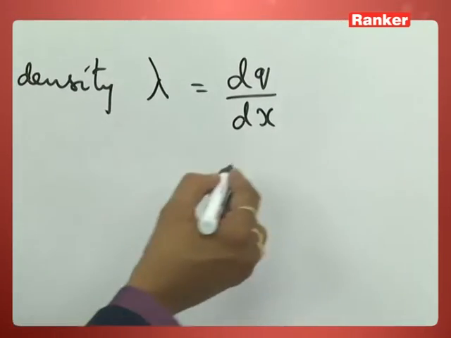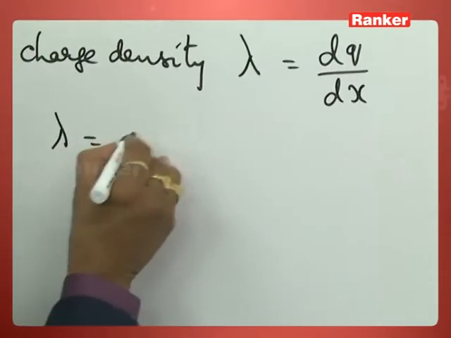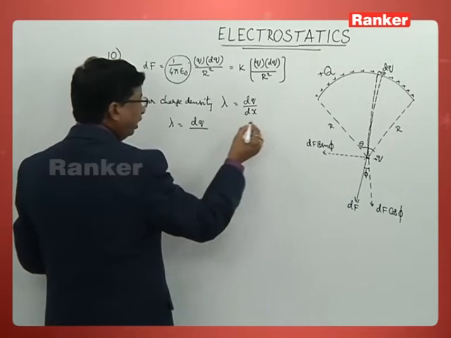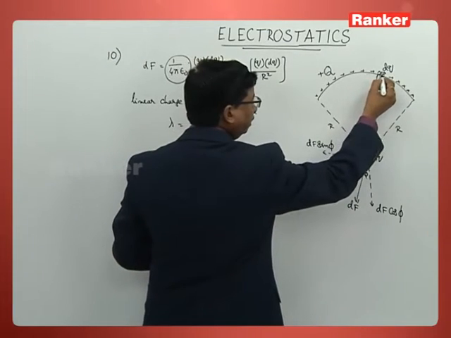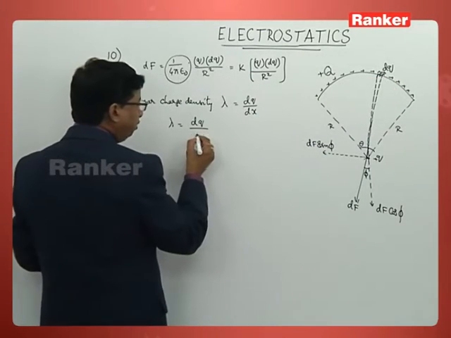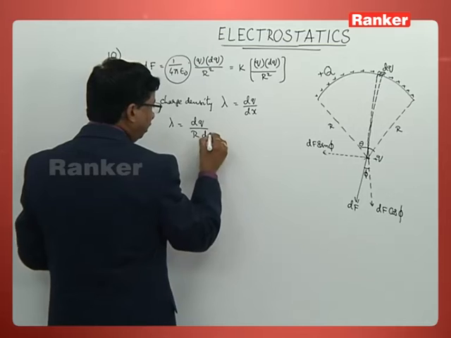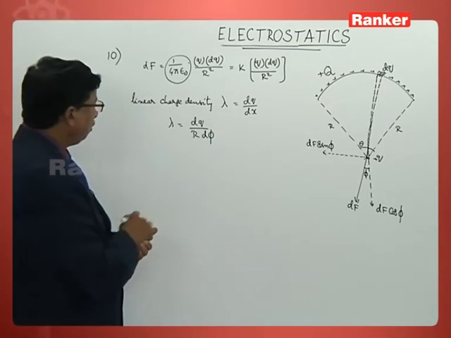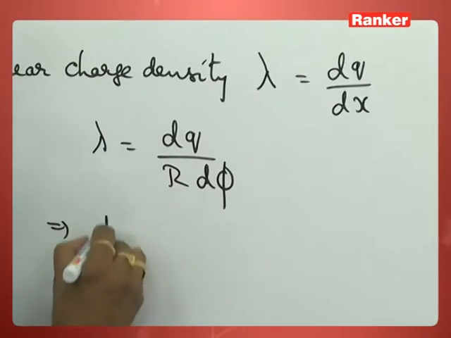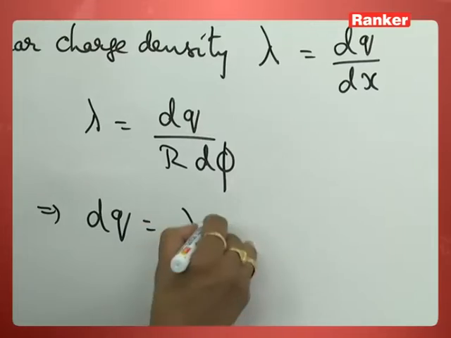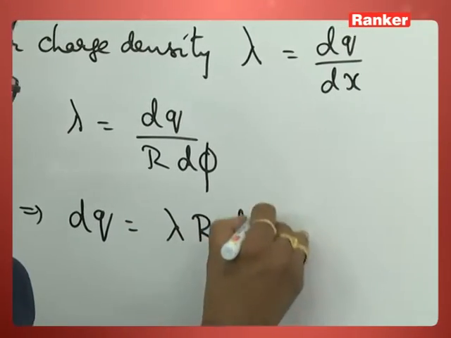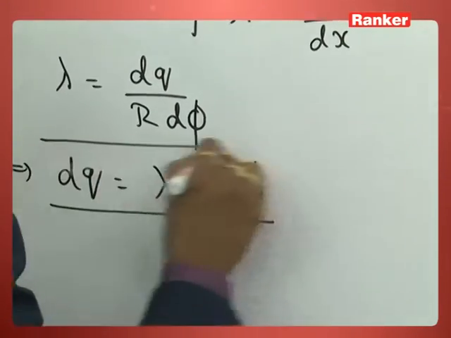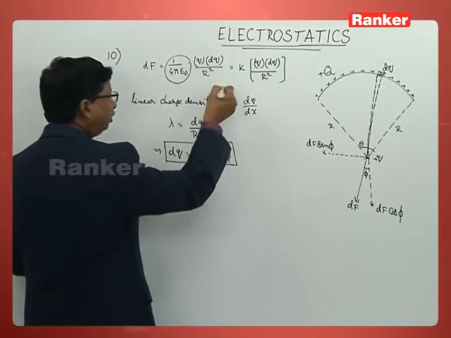Lambda is equal to dq by dx, where dx is the thickness of this element, that can be taken as r d phi. Now you can rewrite the same this way, dq is equal to lambda r d phi. This is the value of dq over here.